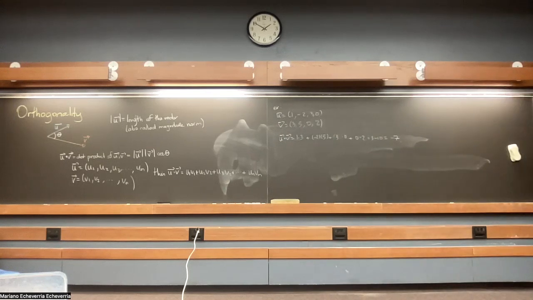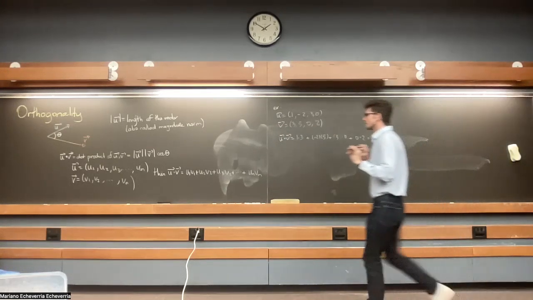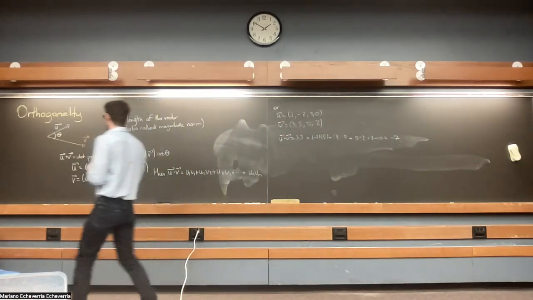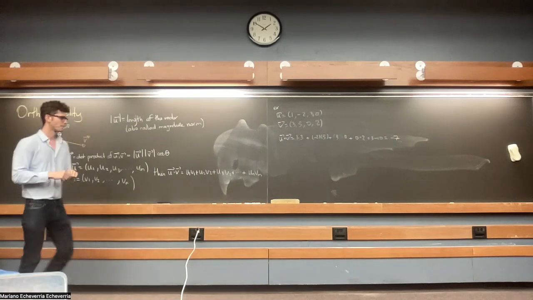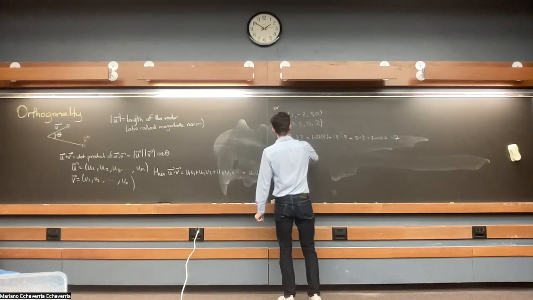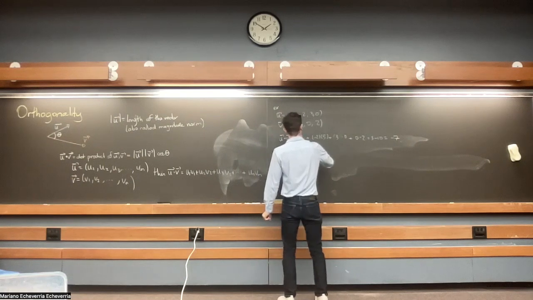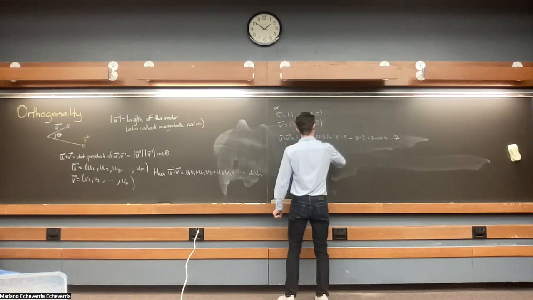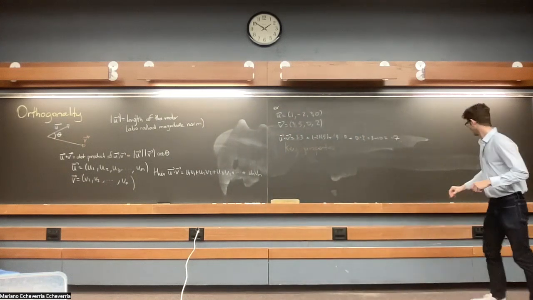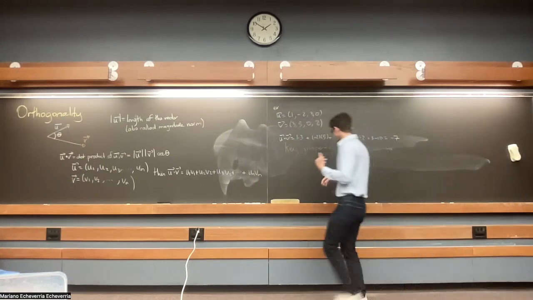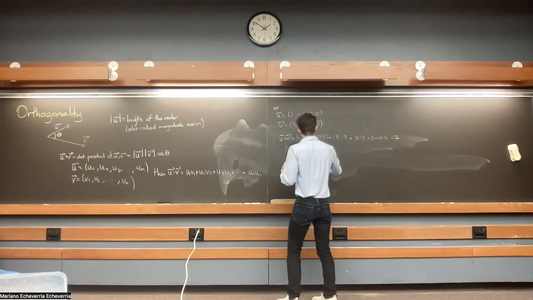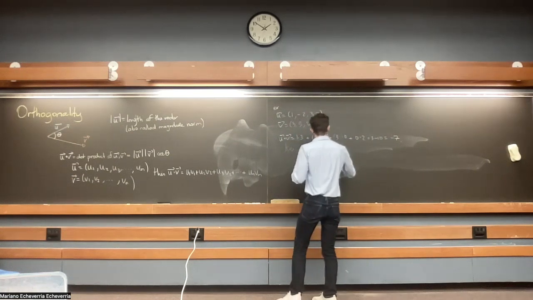So here are the two most important properties of the dot product that we need to use for today. Let me write it down. The first one, which is pretty useful, is what's the dot product of a vector with itself?